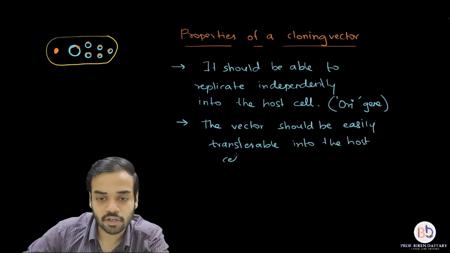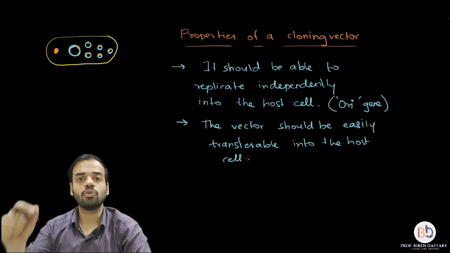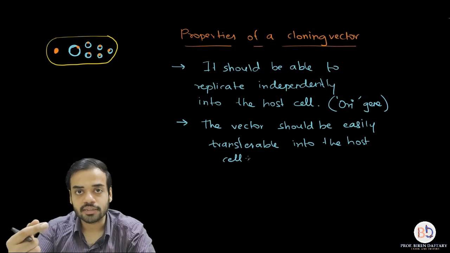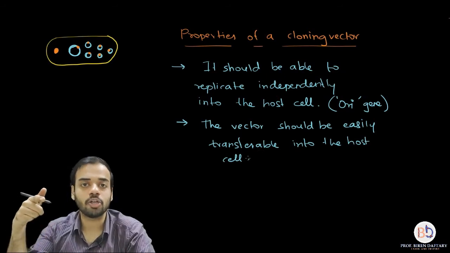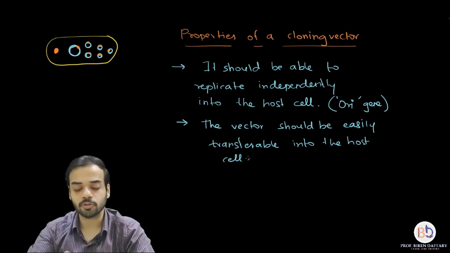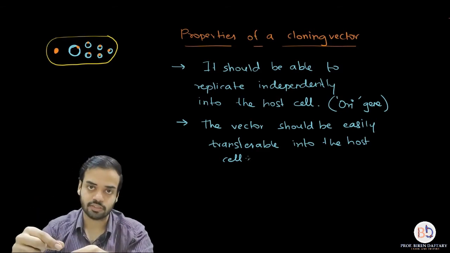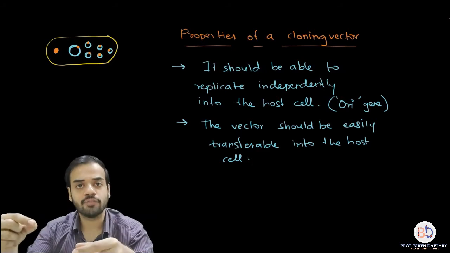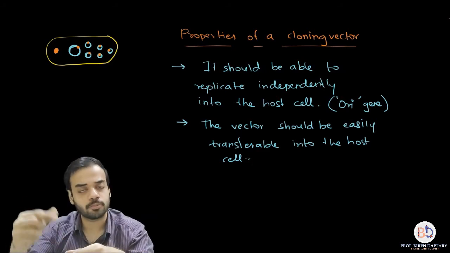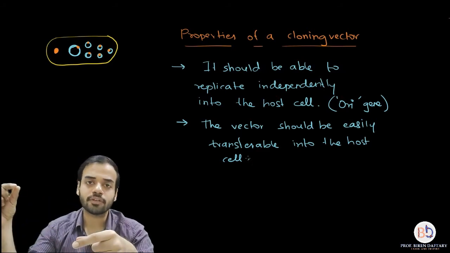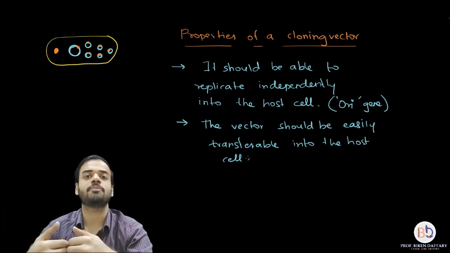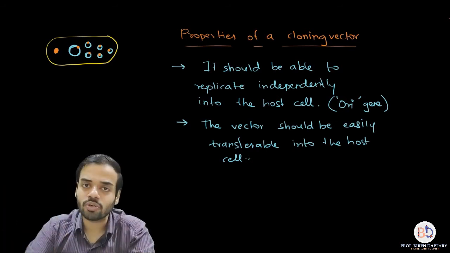So what is the meaning of this? A cloning vector which you are using should be easily able to pass inside the host cell. Suppose you are trying to insert a cloning vector into a host cell, suppose the host cell is E. coli, and you are trying to insert a plasmid, suppose a plasmid is the vector, then if that plasmid is not accepted by E. coli, then is it a good cloning vector?